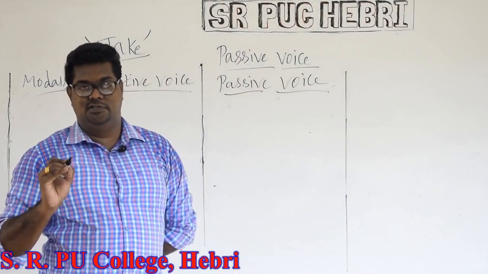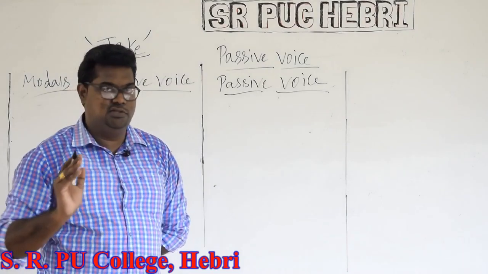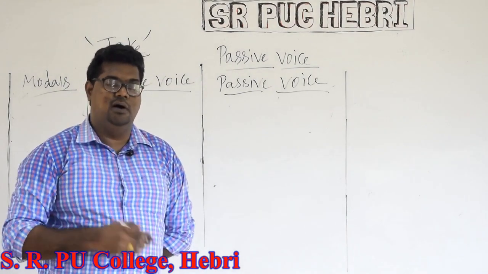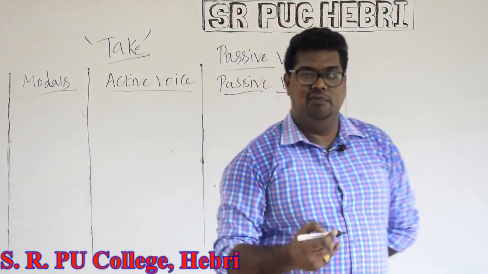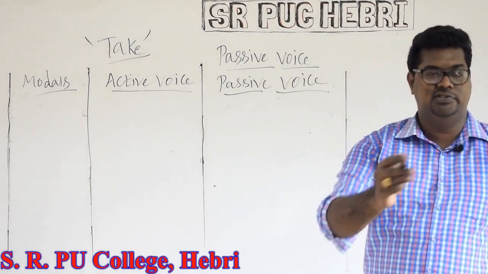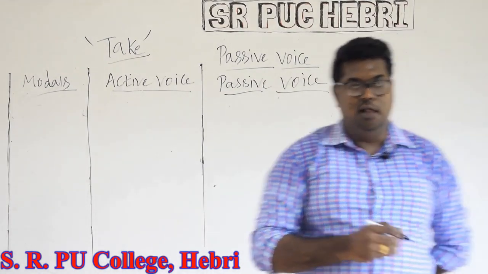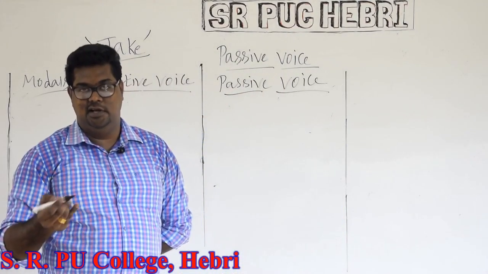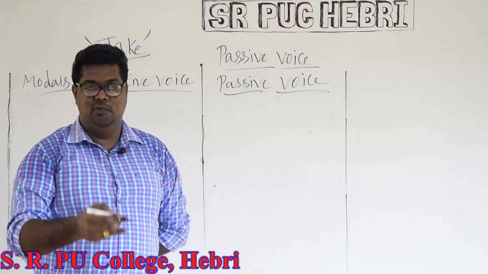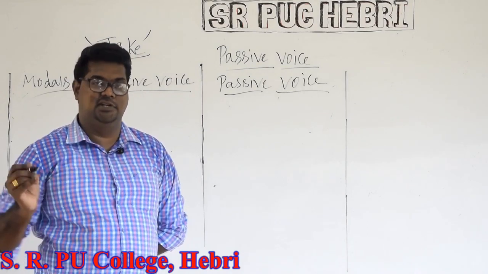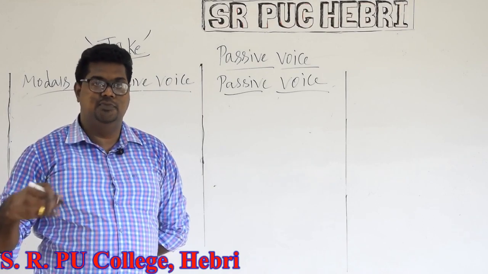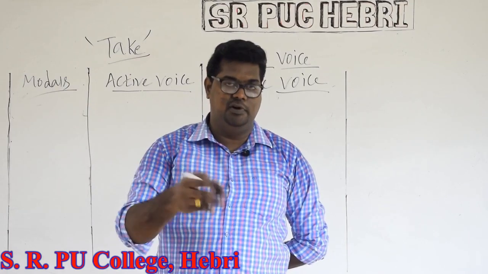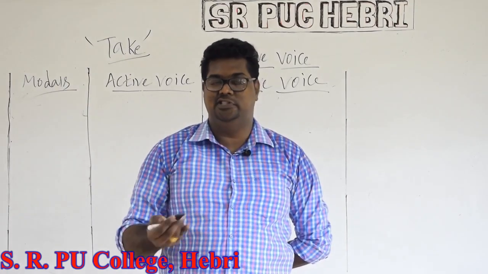Modals are those words which are used to ask permission, to command or order someone or something, or even to request someone or something. The most common modals which we normally use while conversing or writing are can, may, could, would, should, must, etc.